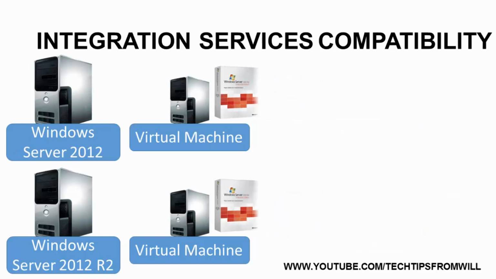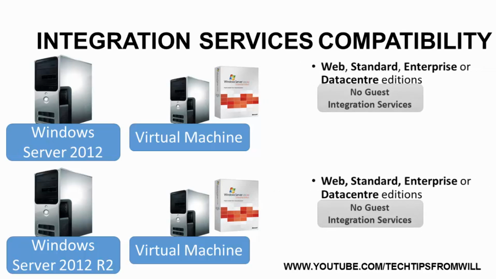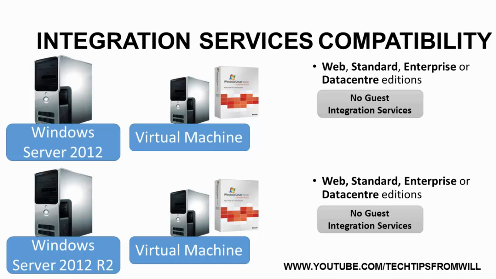Next up is Windows Server 2003 R2. Hyper-V first made its debut with Windows Server 2008. Since Windows Server 2003 R2 was released before this, back in 2005, it comes with no built-in version of guest integration services.